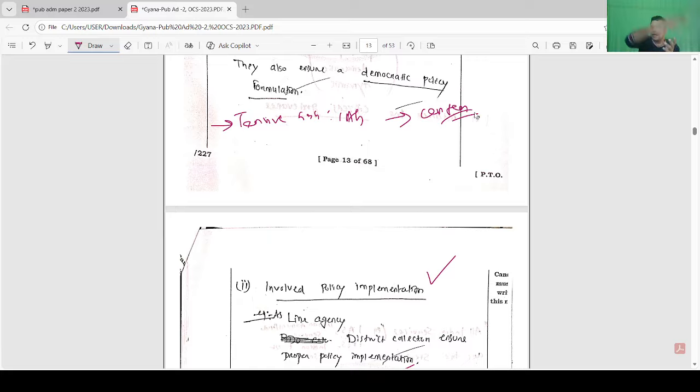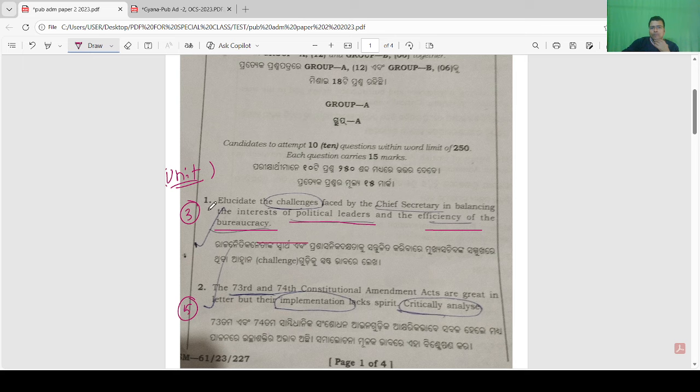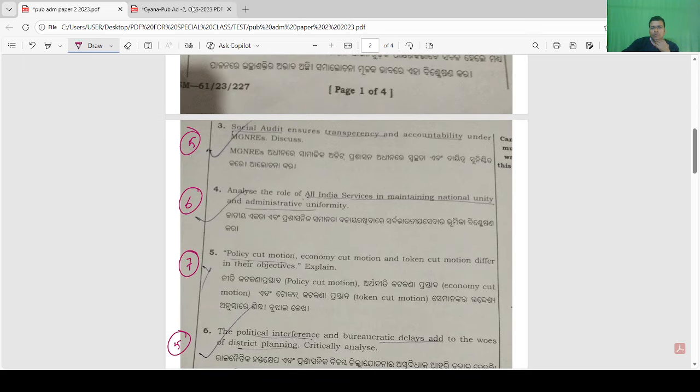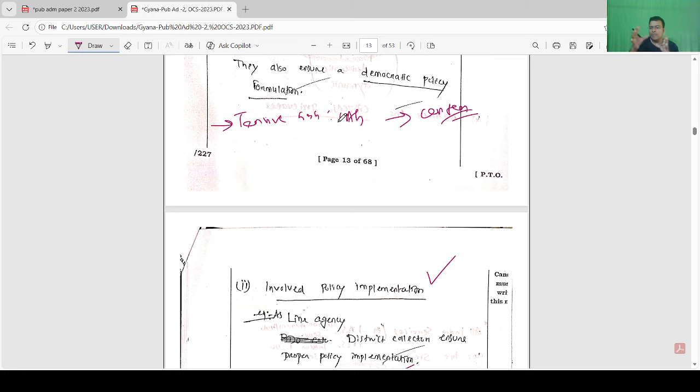They work in the center and again get back. So they build a relationship and coordination between center and state. It is a good unity.